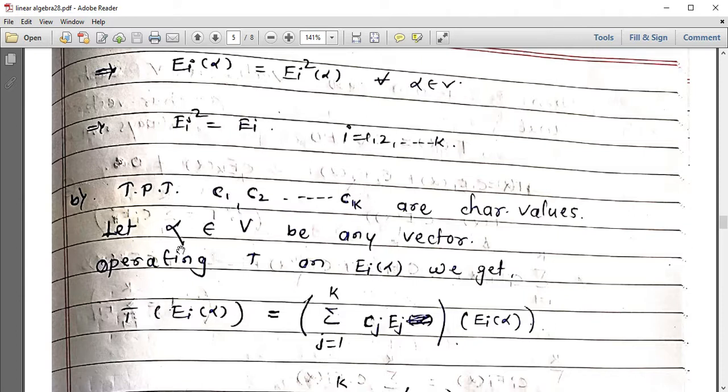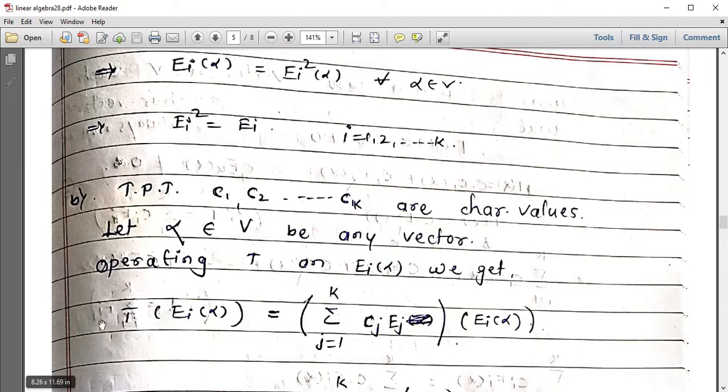For this, let alpha belong to V be any vector, and operating T on Ei of alpha, we get T of Ei of alpha, which is the summation, j running from 1 to k, of Cj Ej, applied to Ei of alpha.